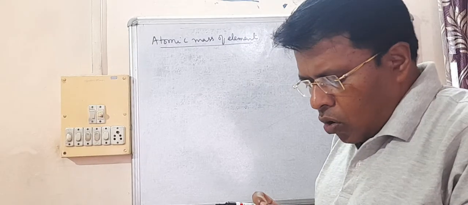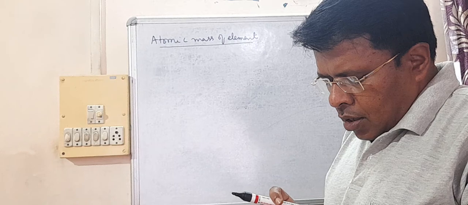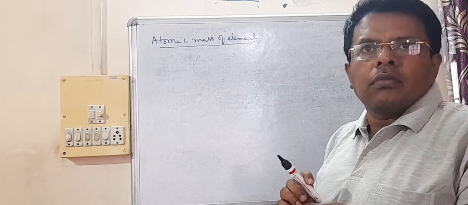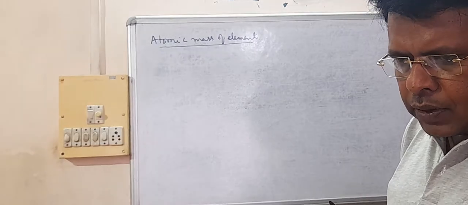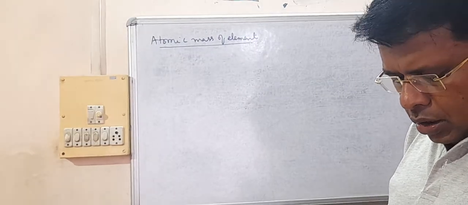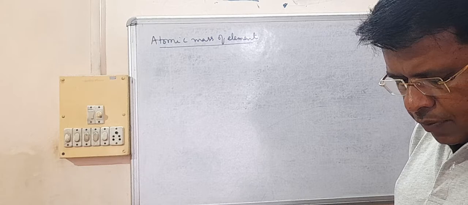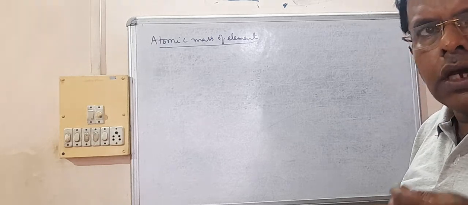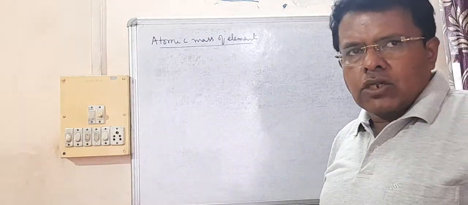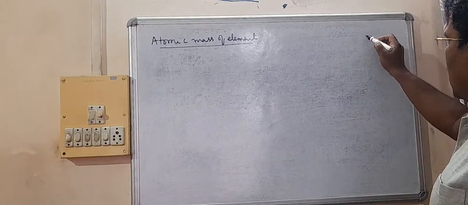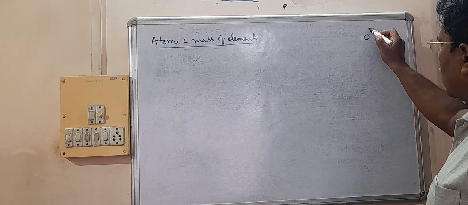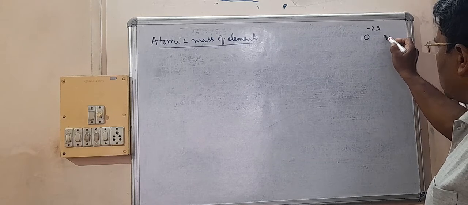Atoms are very small, they have very small mass. Mass of an atom is negligible. And if I can give you some idea about the mass of an atom, they are of the order of 10 to the power minus 23 gram.